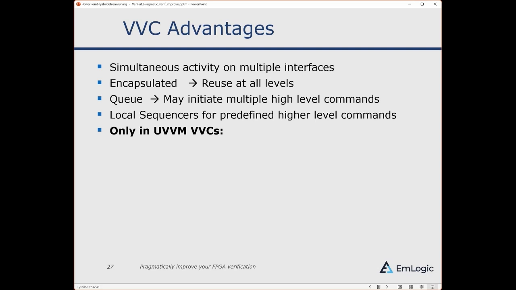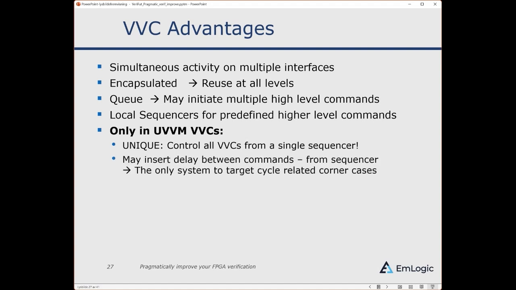And unique to UVM verification components is that you can control all verification components from a single sequencer. And then you can align them, and you can insert delay between the commands, so you can skew one interface with respect to another in order to reach corner cases in your system.